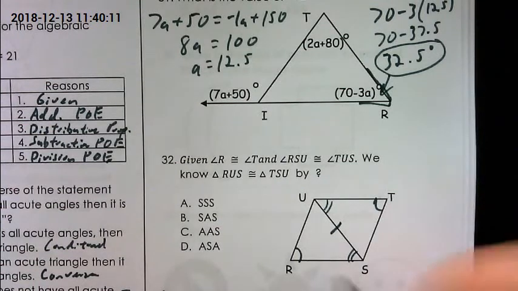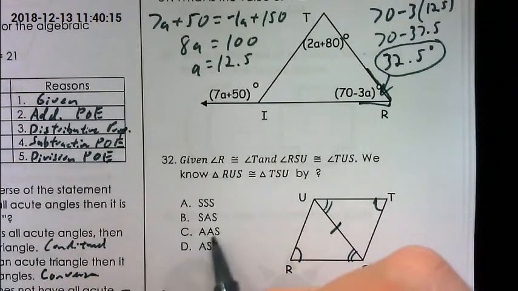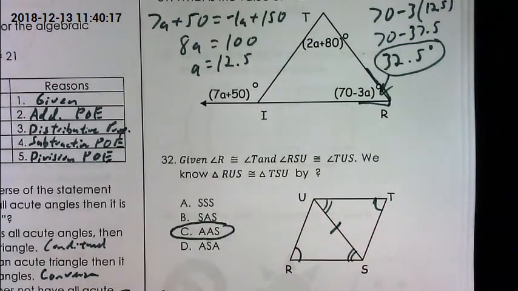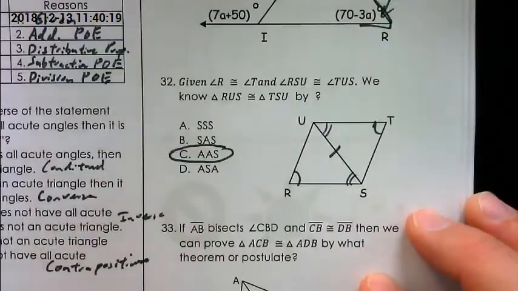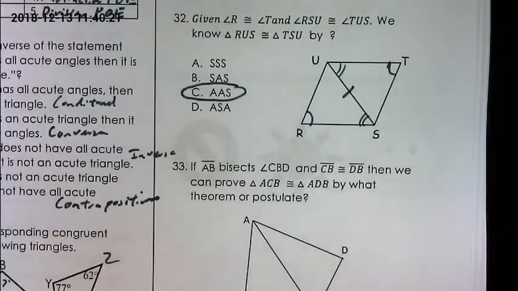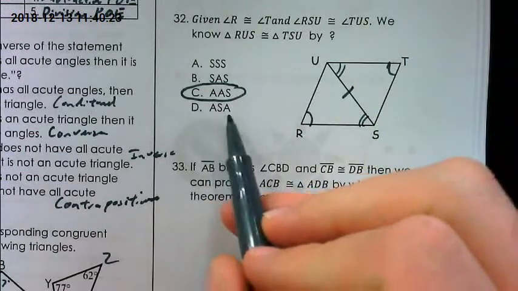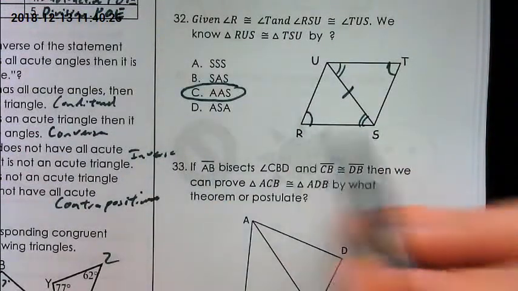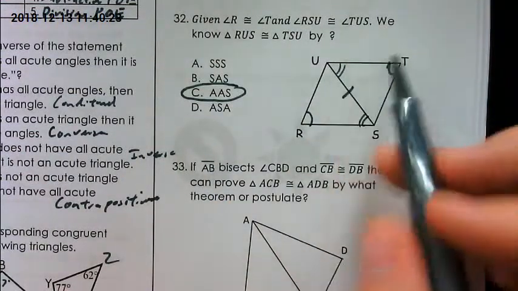It's the same piece. So we have two angles and a non-included side. So two angles and non-included side would be C, AAS. Yeah, it wouldn't be ASA because the included side of those two angles is RS. We don't know that those two are congruent to start.